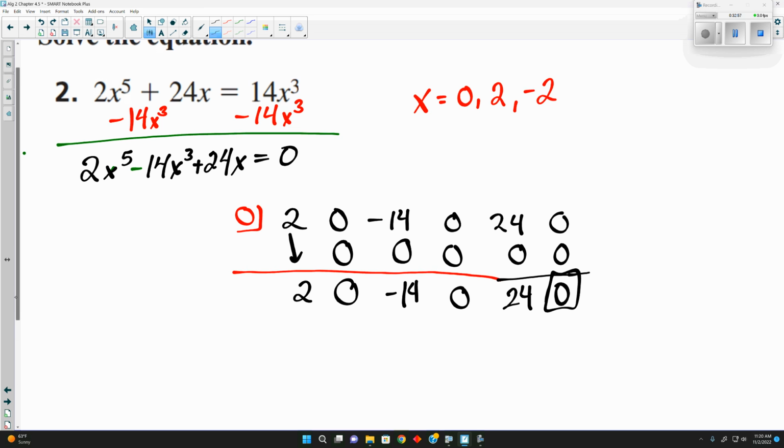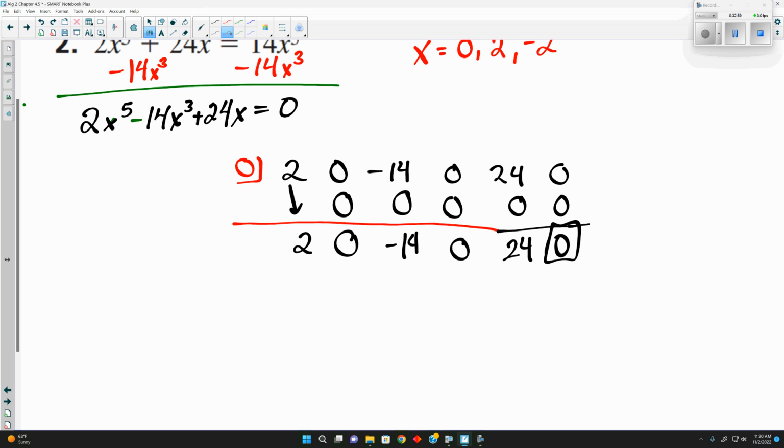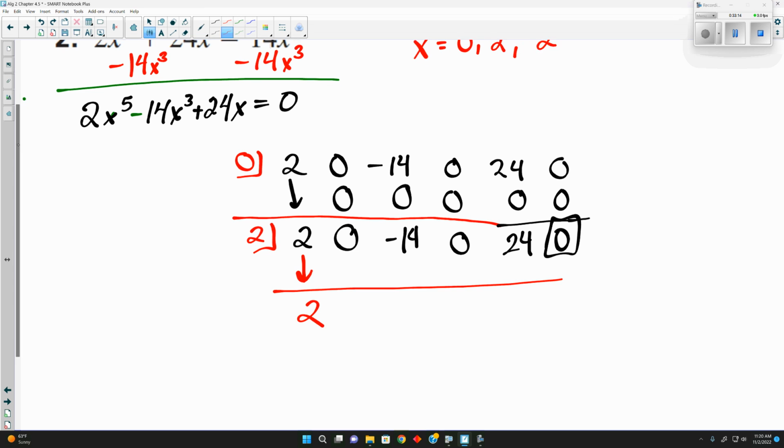Now, it crossed at 0, so we can't use it again, but we could use 2. And do this again, because now we went from a degree of 5 down to a degree of 4. Once we do this with 2, we'll go from a degree of 4 to a degree of 3.